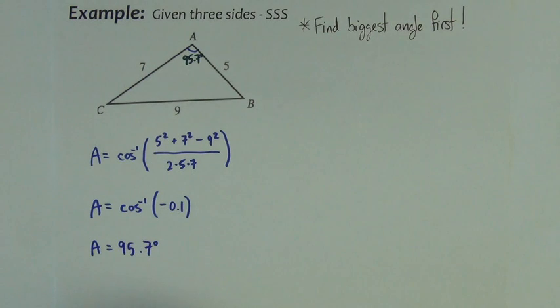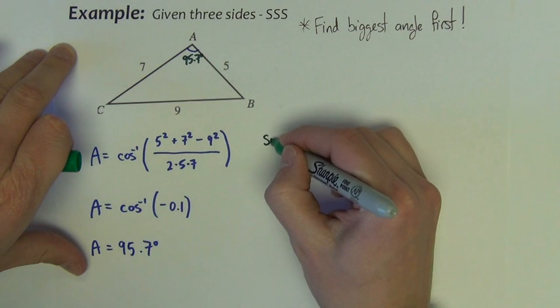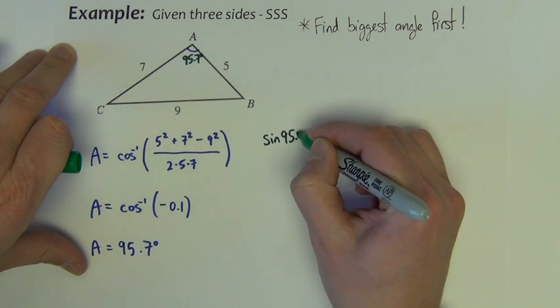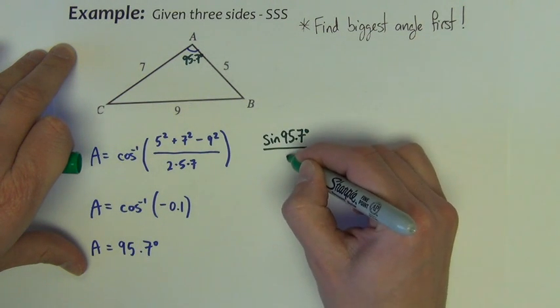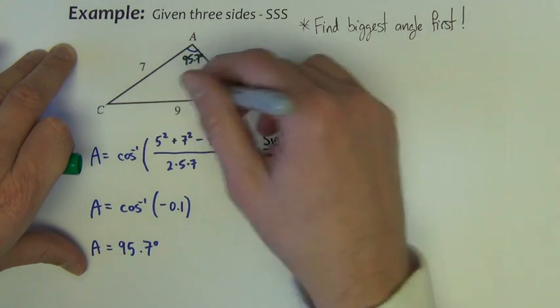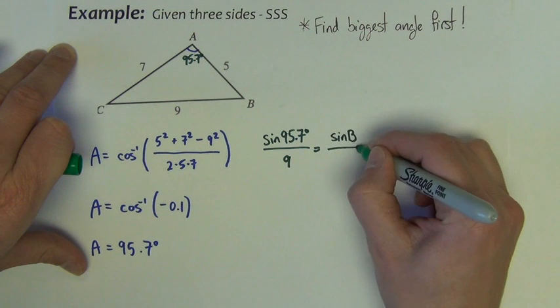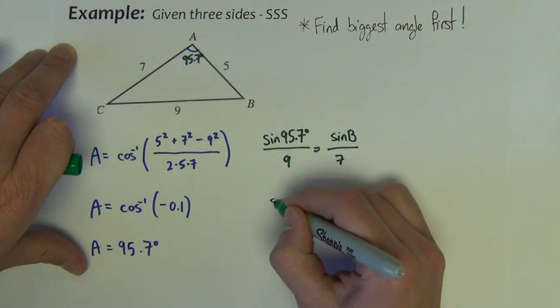Okay. Once we get one of the angles found, now we revert to easier techniques. I'm going to now try and find another angle, but I'm going to use law of sines to do it. I'm going to say that the sine of 95.7 degrees over its opposite side, 9, is equal to, and we can pick any angle, it doesn't matter, maybe the sine of B over 7.